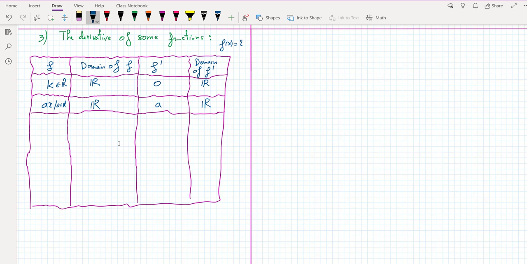In general, if we take the function x to the power n, it's defined on R, and its derivative is n x to the power n minus 1. If you remember, we took a function f(x) that equals x squared, and we found that f prime of x is equal to 2x.